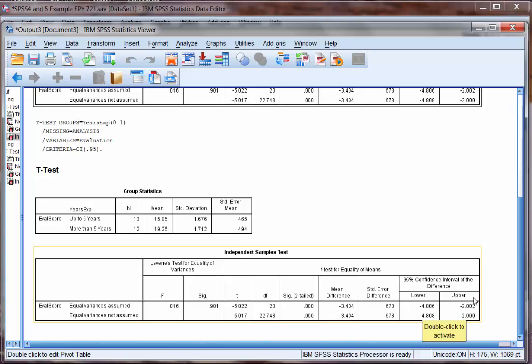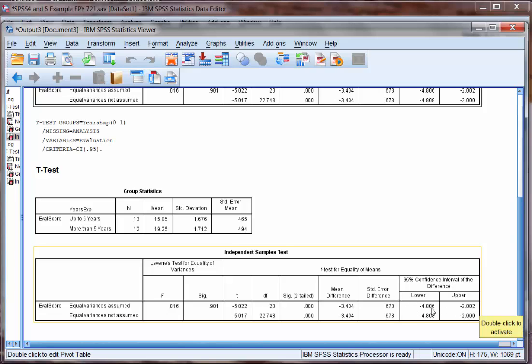In other words, we're pretty certain that 95% of those teachers' eval scores are between negative 4.81 standard deviations below and a negative 2.002 standard deviations below. So 95% of those teacher means for their eval scores fall within these standard deviations.